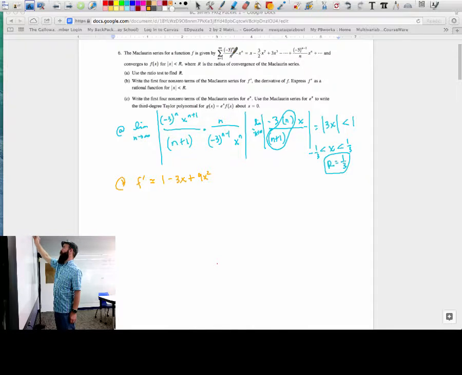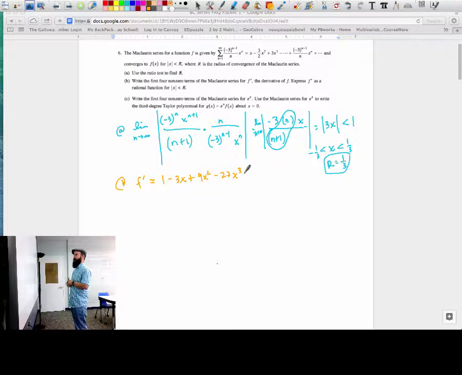Essentially, if I took the derivative of this, the n would come down and cancel with this n down here, and my derivative would be negative 3 to the n minus 1 times x to the n minus 1. So this is the first, the second, the third. This is the fourth term. So this is going to be negative 3 to the 4 minus 1, which is negative 27, times x to the n minus 1, which is going to be x cubed. So there's the first 4 non-zero terms for f prime.